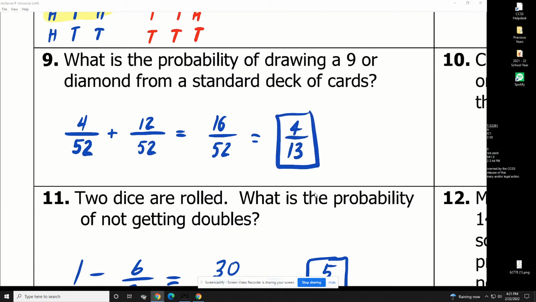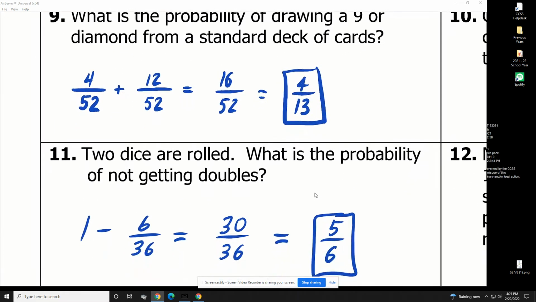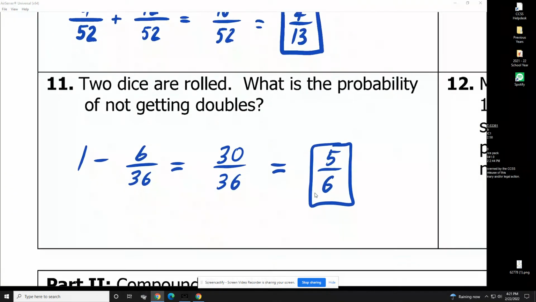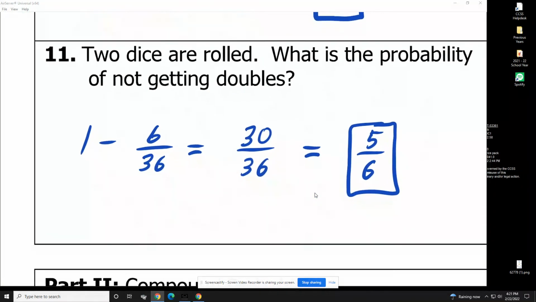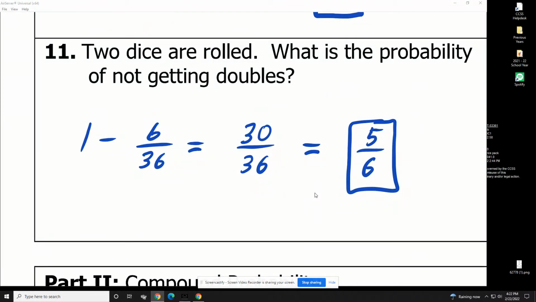So there's number 9. Okay. So a little tricky. We'll talk about it soon. There's a more professional way to do that problem, and we'll talk about that soon.